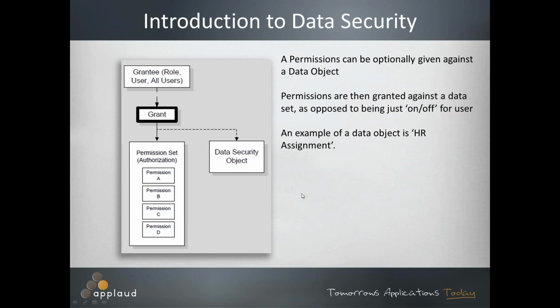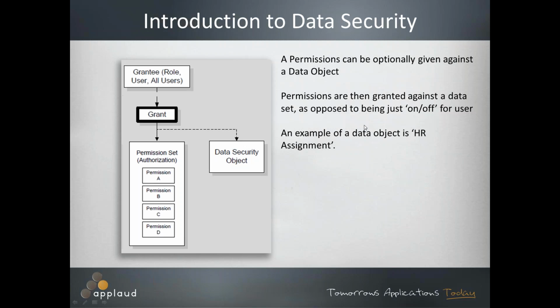So we have to introduce some terminology now. Two concepts to introduce. One is the concept of the data object, and the data object could be something like an HR assignment, basically an object in HR when we're talking about Applaud. An object could be a person, a contact, a phone record, an EIT, something like that.